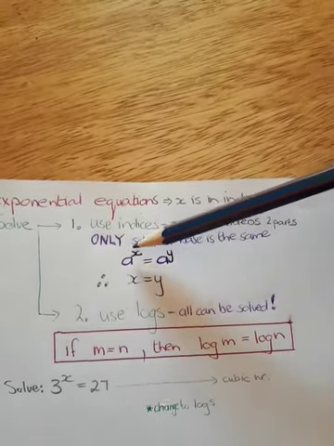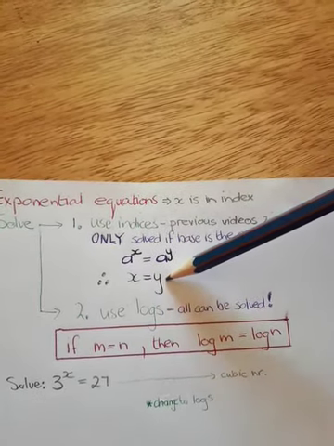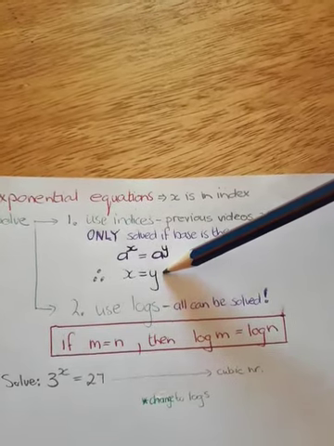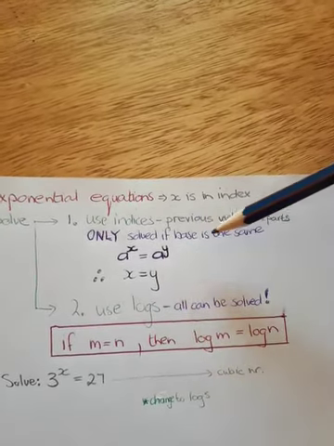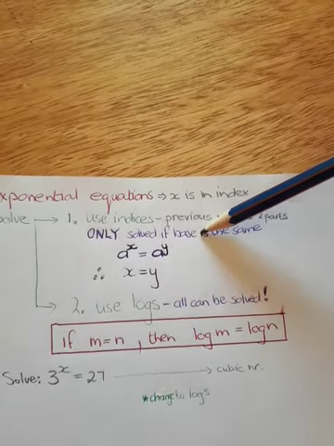So we made that a linear equation, and that is the way we solved it. So when you have the bases which are the same, then you can use the indices laws.